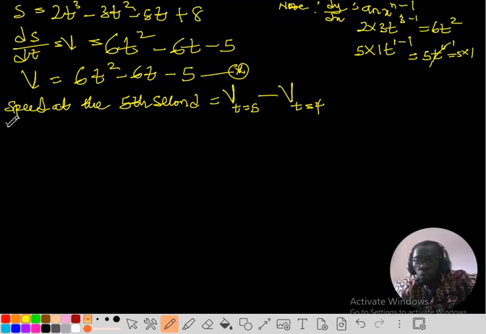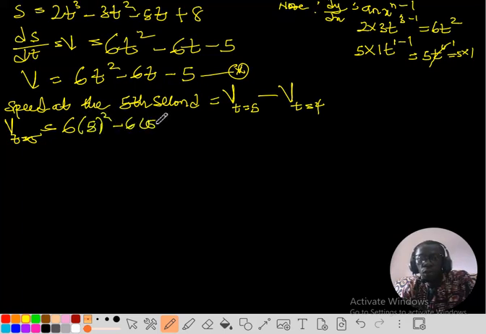So let's go with v when t is 5. From this equation you have 6, then t becomes 5 raised to power 2, minus 6 times 5, minus 5. So that gives us 5 raised to power 2 is 25.